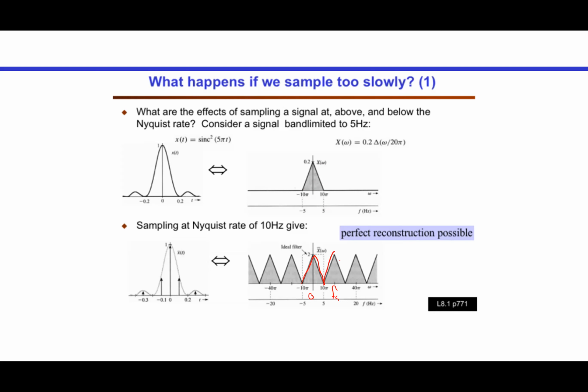There will be the same copy around FS, the same copy around 2FS, and again on the negative frequency side as well: minus FS, minus 2FS. So you can see if you are sampling at exactly double the bandwidth, they are adjacent, kind of touching each other, but not interfering with each other.